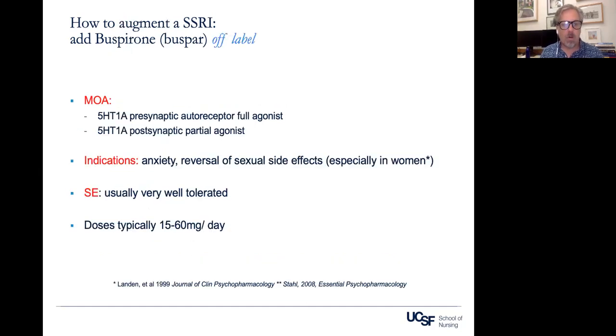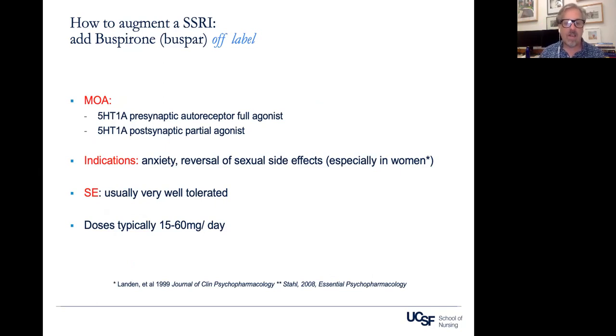So what about buspirone? Buspar, or buspirone, is a serotonin 1A presynaptic autoreceptor full agonist, which means it activates the receptor on the presynaptic side, which causes more serotonin to be released into the synapse. And it's also a postsynaptic partial agonist on the serotonin 1A receptor.